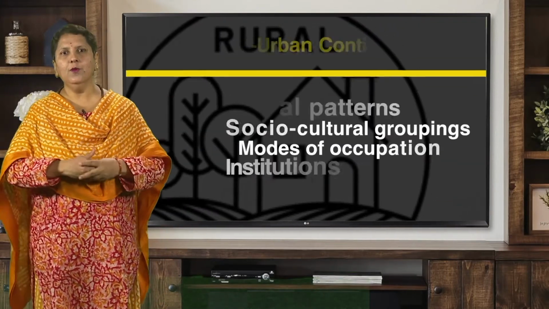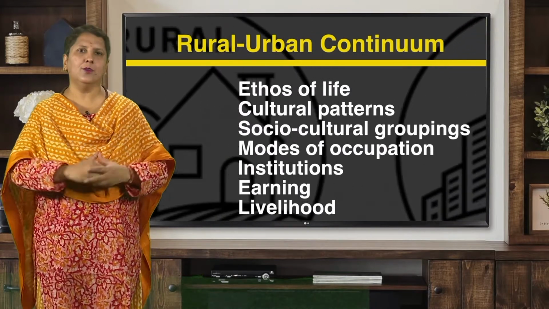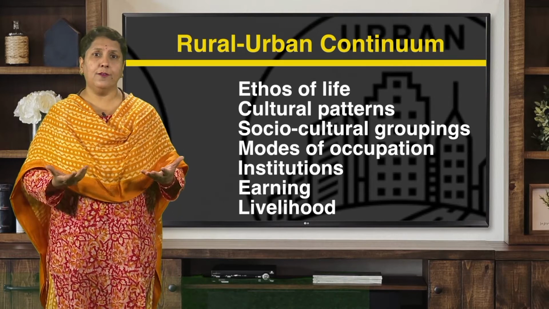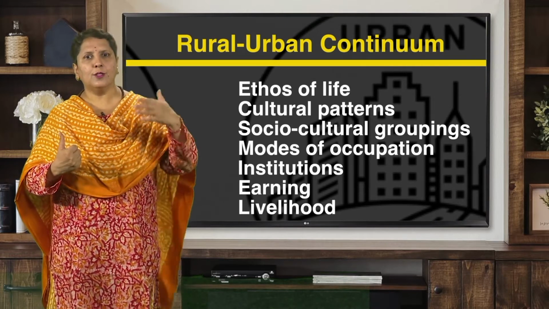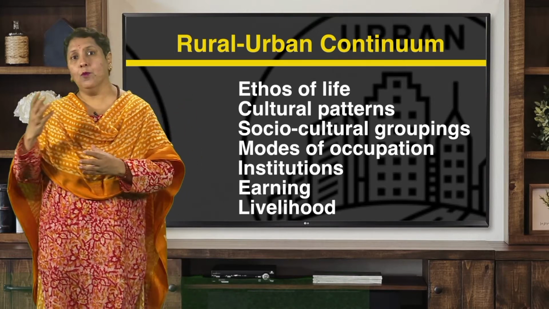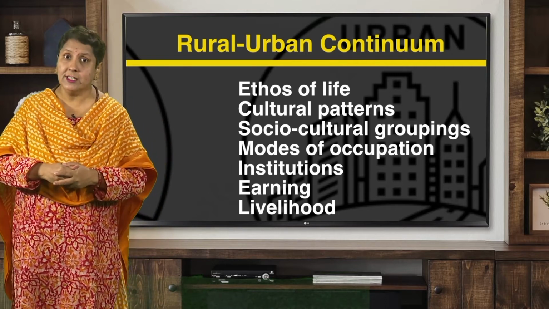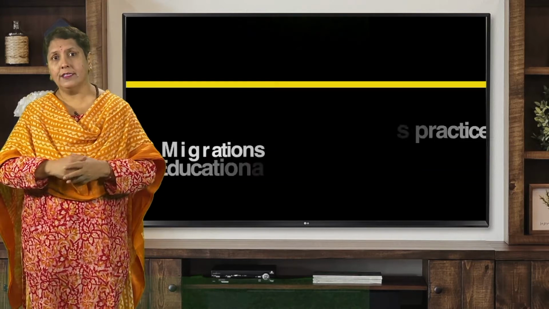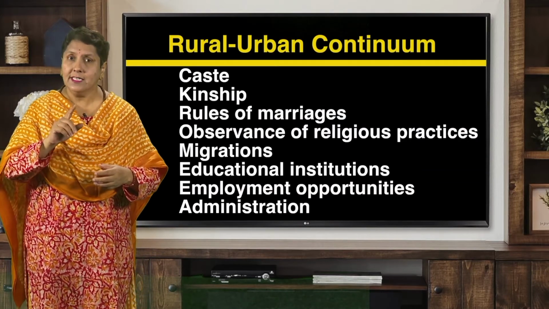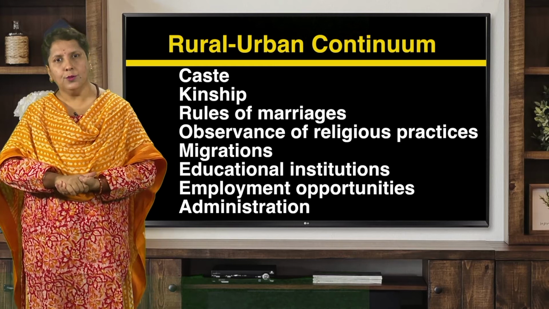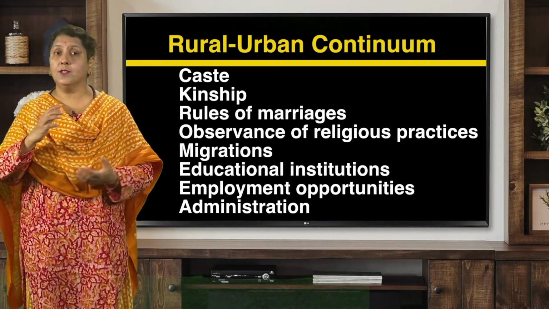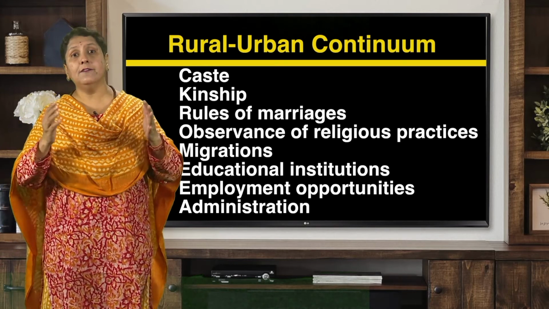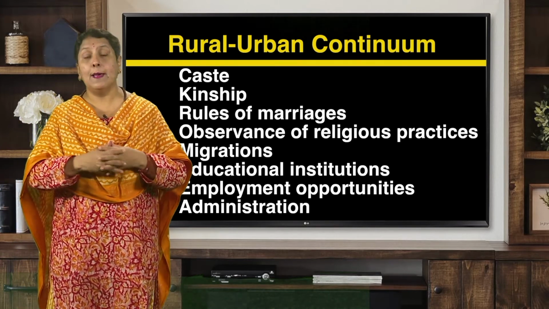The rural social world is distinct from the urban social world on various indicators such as ethos of life, cultural patterns, socio-cultural groupings and modes of occupation, institutions, earning as well as livelihood. However, there are also structural similarities between the two with regard to the patterns of caste, kinship, even marriages, and observance of religious practices.